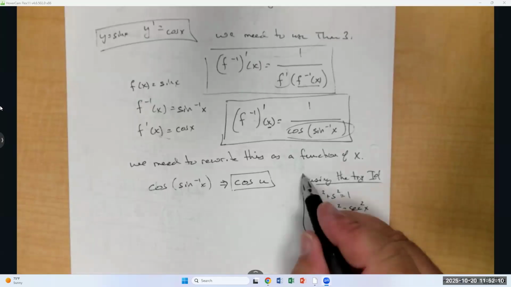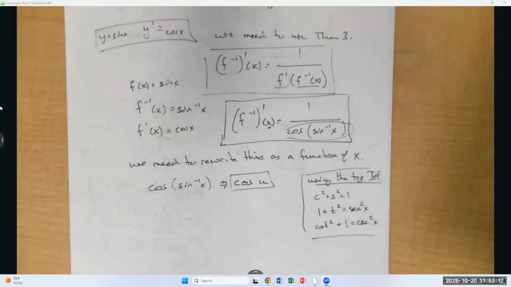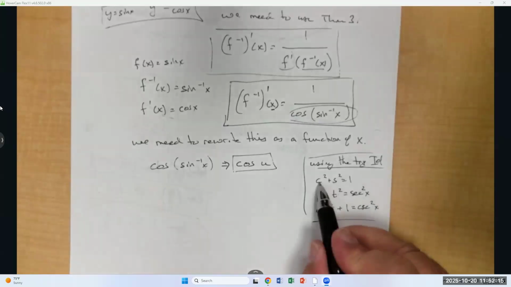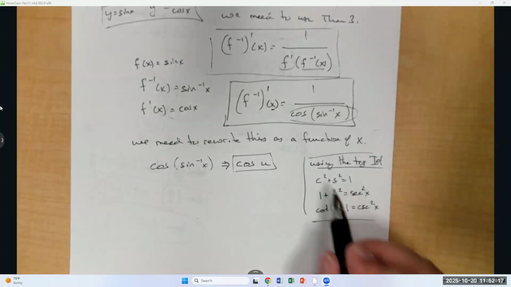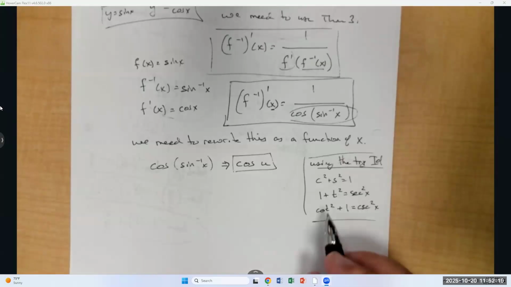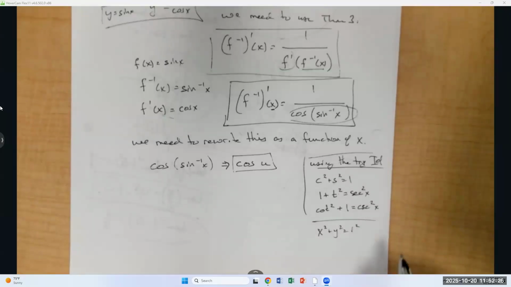These are the trig identities. It comes from the Pythagorean theorem. Cosine squared plus sine squared, if you think about it, it's the unit circle. X squared plus y squared equals r squared.